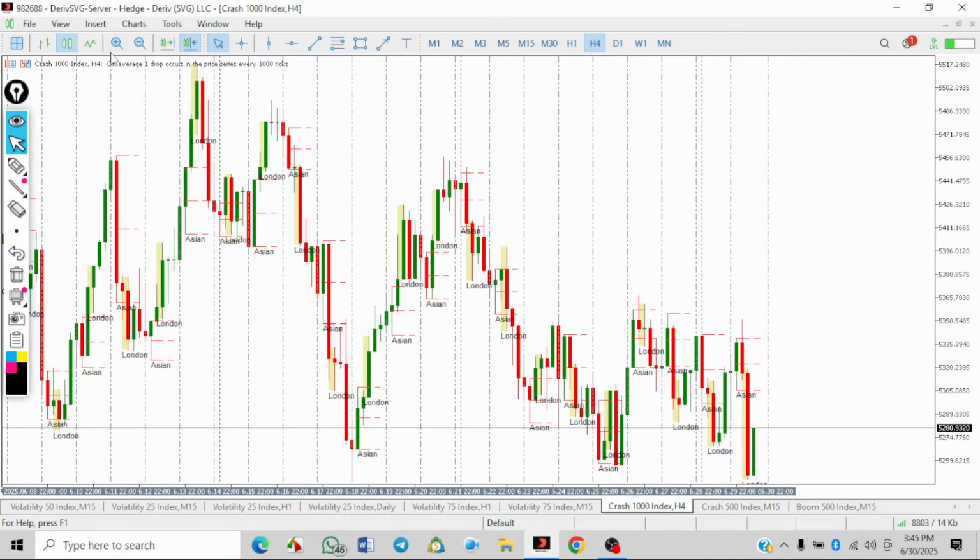At least we might be waiting for them to fill this low. Did they close below this low? You can see they close below this low, so it's very, very slim.